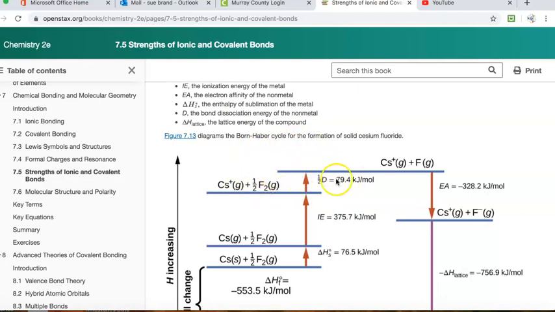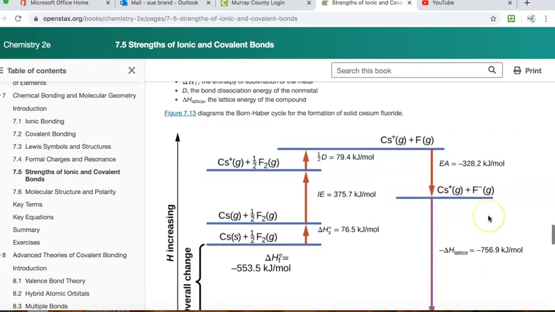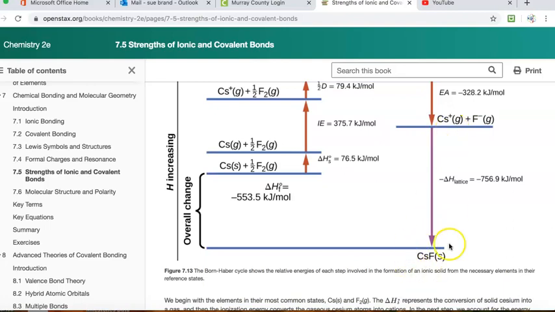Okay, and so then you get to a point where you have cesium that's a cation and then fluorine that's neutral. So you have energy, actually not to remove an electron, but to add an electron. So that would be an electron affinity value there to add an electron to fluorine. Okay, so now we have cesium that's positively charged, fluorine that's negatively charged, and then it's going to form cesium fluoride, an ionic compound.